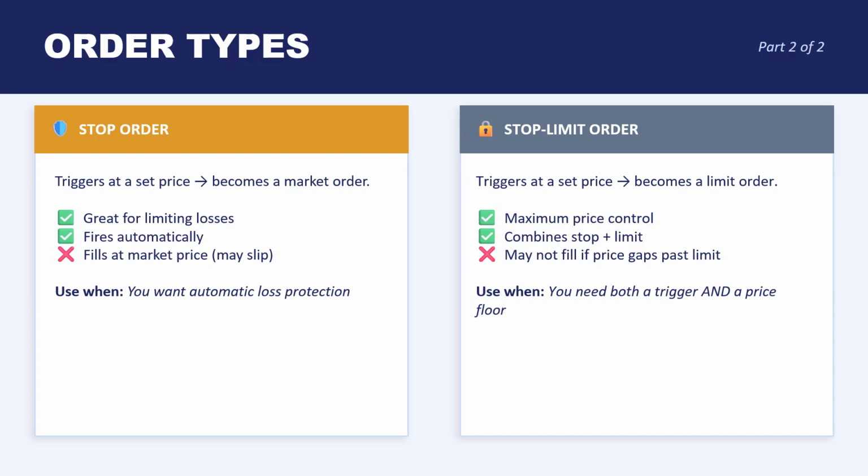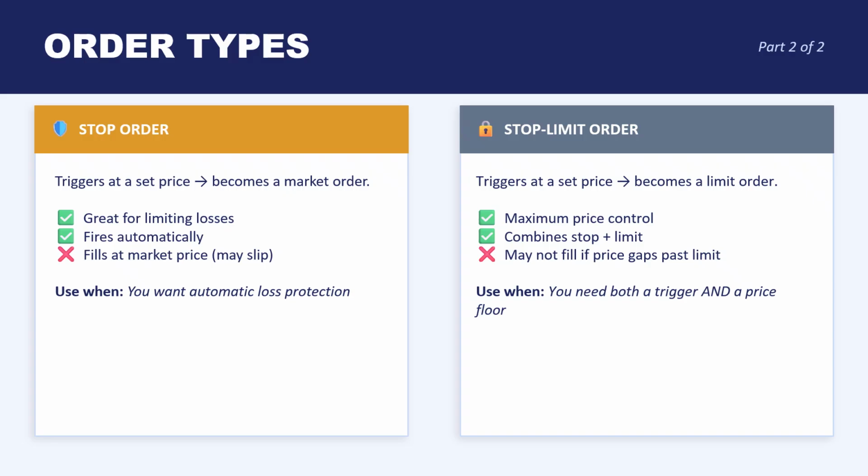Because the stock can fall even further, it could go down to 30 bucks. So the best thing for you to do is manage your risk by putting in a stop order. It automatically protects you from losses that could get even bigger. So the good thing about this one is it's great for risk management, and you can fill it at the market price, and that's a stop order.